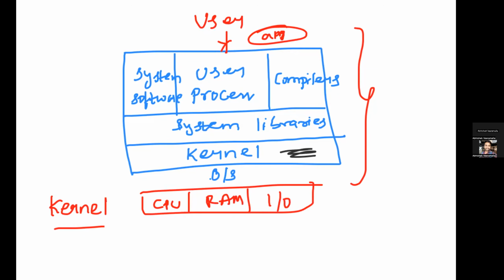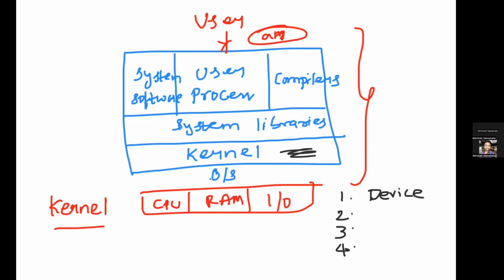There are some primary responsibilities of the kernel that you have to understand. There are four important aspects of your kernel. Even if somebody is asking in an interview what is a kernel in an operating system, you can just say that the kernel has four primary responsibilities. It's the heart of any operating system, which does device management.